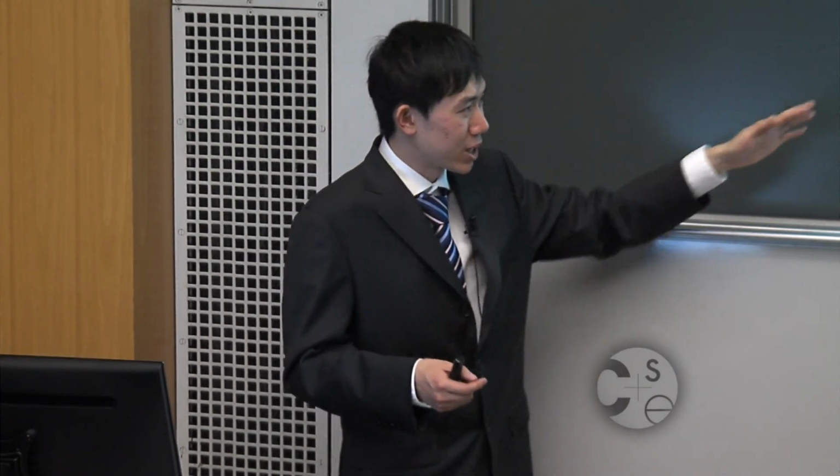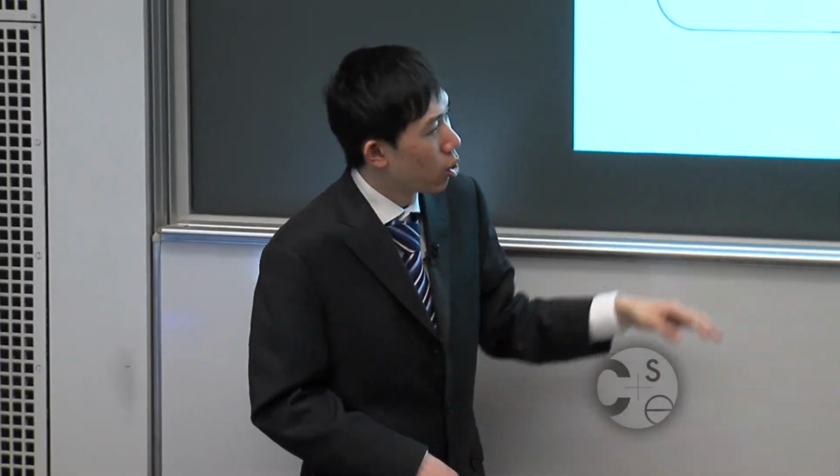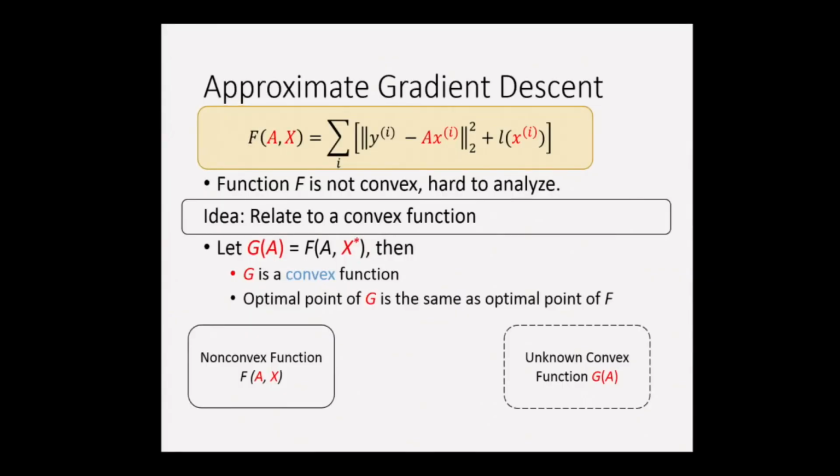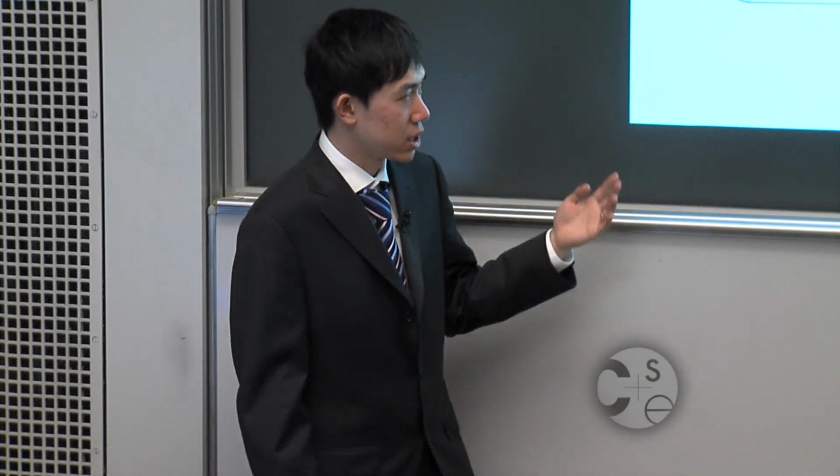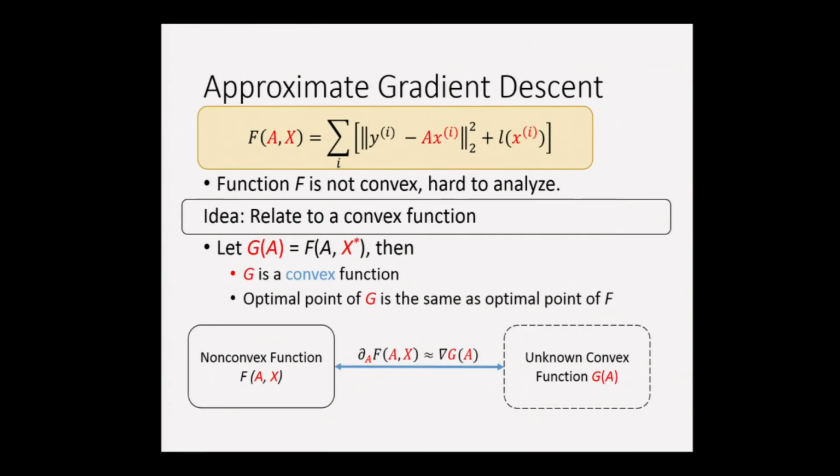So now we actually have two choices. We can try to analyze this non-convex function f, or maybe we can try to analyze the convex function g of A. But the only problem is we don't know how to compute g of A because we don't have access to the optimal sparse code. So the hope would be these two functions are closely related, because we have a reasonable initial guess for the dictionary matrix A. So hopefully the sparse code X we generated from this initial dictionary matrix A is close enough to the optimal sparse code X star.